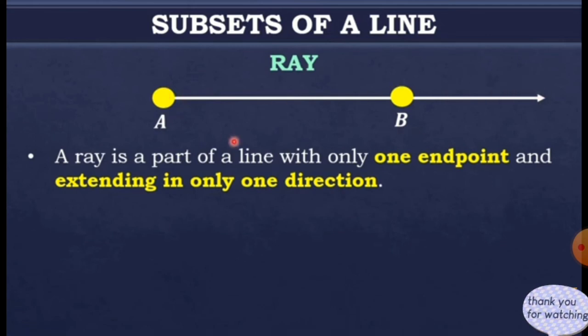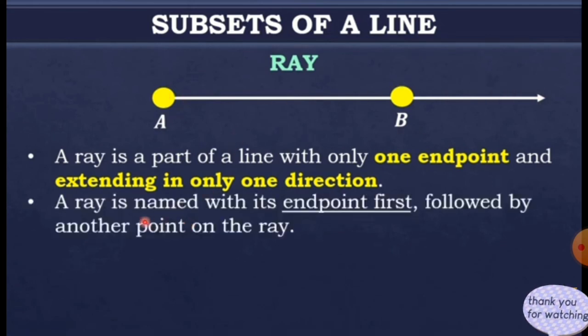Okay, so paano natin siya papangalanan? So ray is named with its endpoint first. So kapag nag-name tayo ng ray, lagi po tayong magsisimula sa endpoint. So kung ano yung endpoint niya, dun po dapat tayo magsisimula. Okay? Followed by another point on the ray.